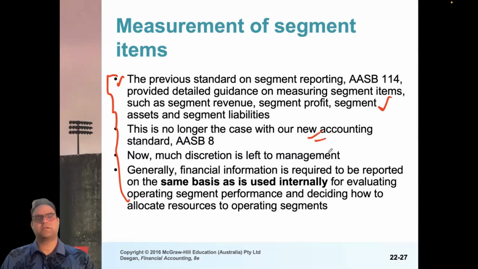But the new accounting standard, which is AASB 8 in Australia, and the English version is IFRS 8, says we leave it to the management. Whatever information they provide, we are okay with that. So there's no rigid rule that you have to follow only this information.